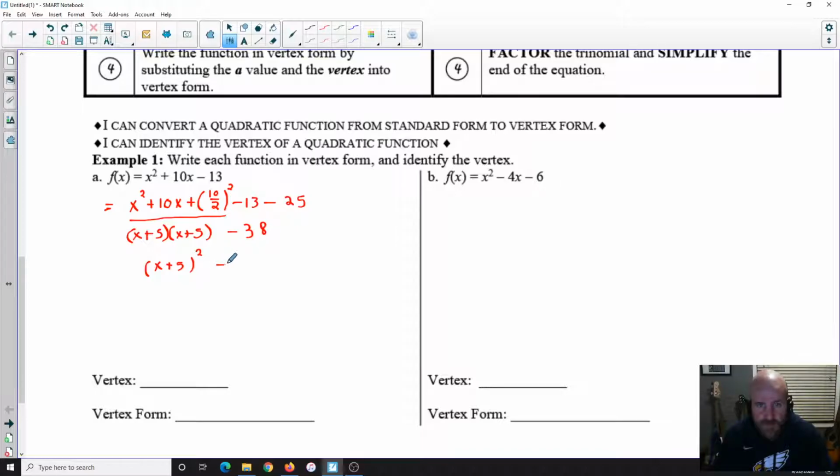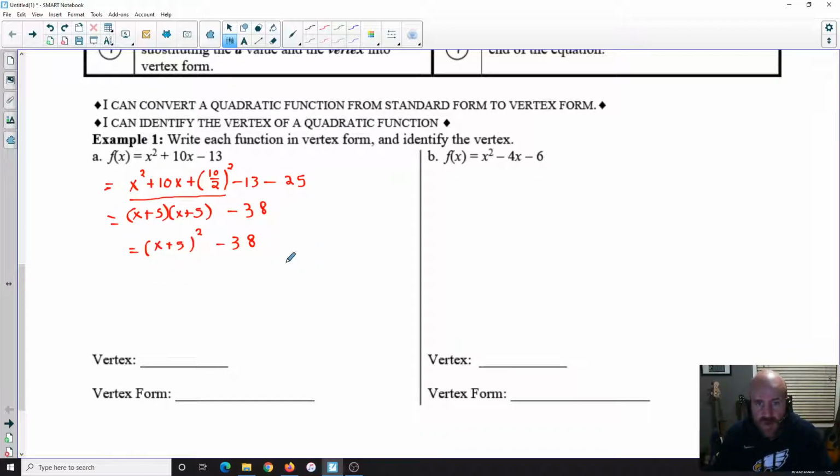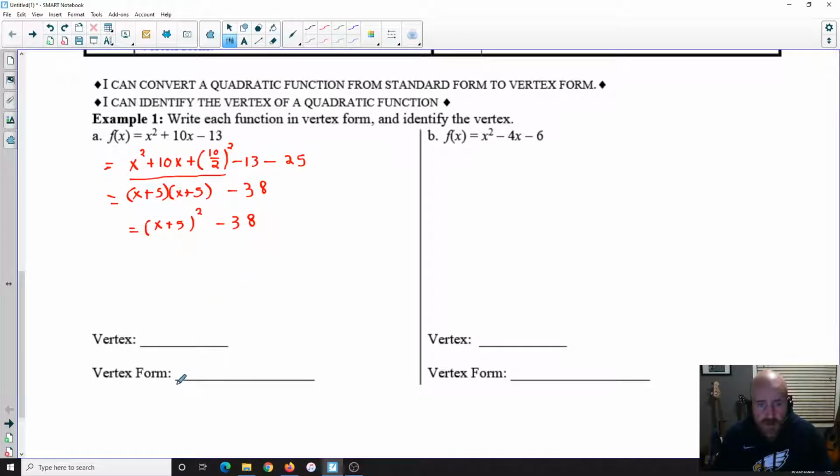We keep dropping it down, and this is all equal to f of x. So now we're in vertex form. We can write it here: f of x equals x plus 5 quantity squared minus 38.